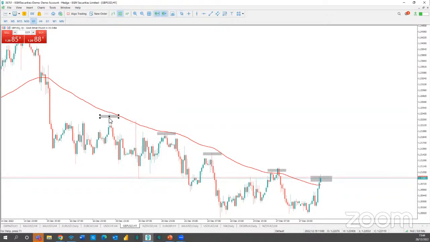Once it touches that level, wait to see the types of candlesticks forming there. If it's a candlestick with a very long tail at the top and a small body, it shows that initially there's strong buying, but now selling is getting in. So wait for a confirmation, which is another candlestick that confirms the downward move, and then enter with that one.